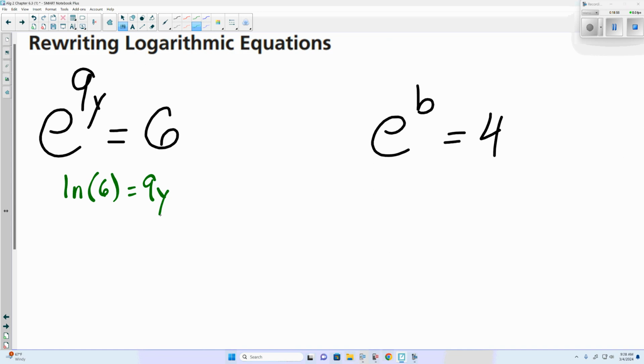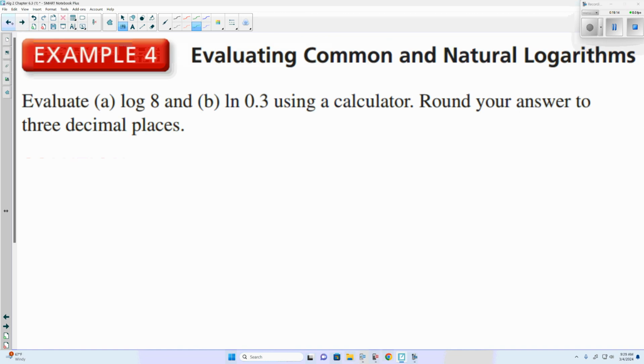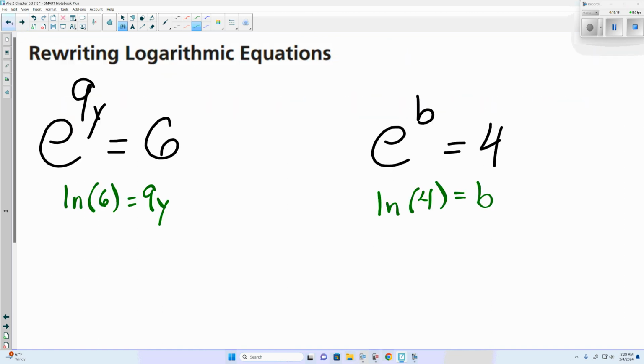E to the b equals 4 would be rewritten to? Yep, ln of 4 equals b. Questions? Focus in here. Questions on any of these from switching from natural logarithmic form to exponential or exponential to natural logs?